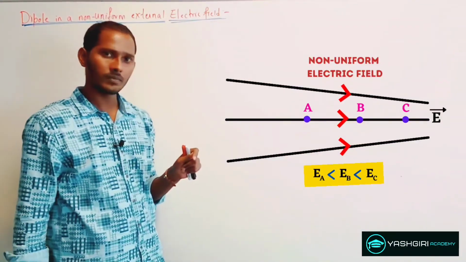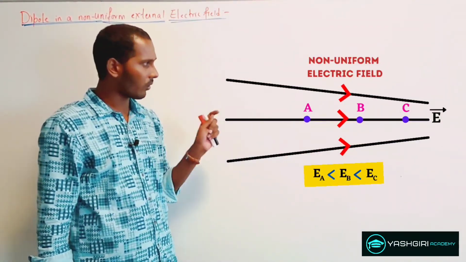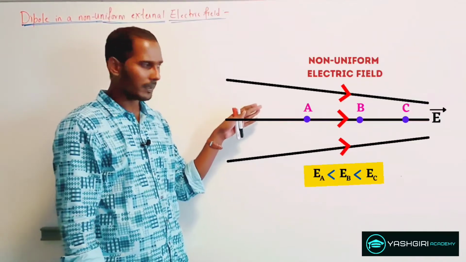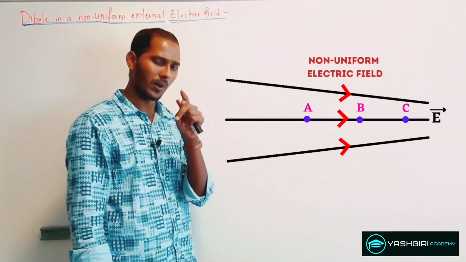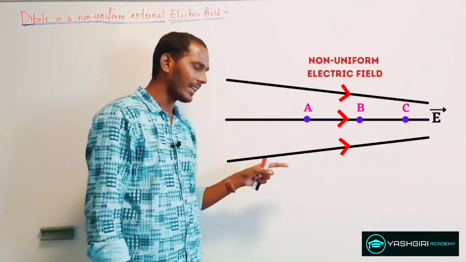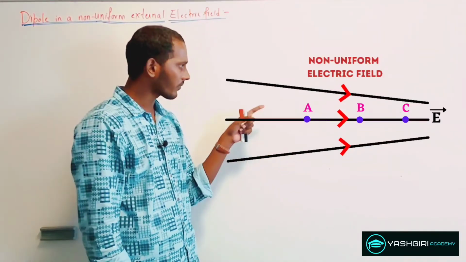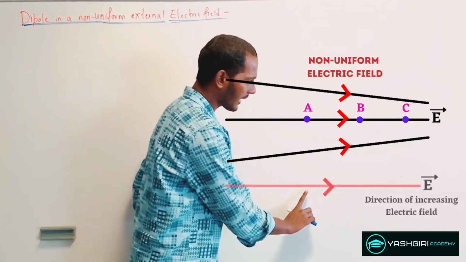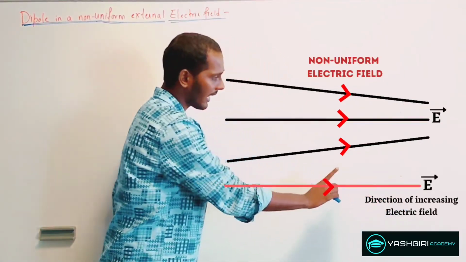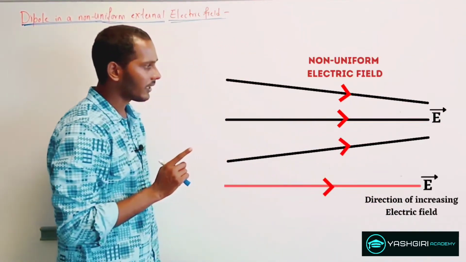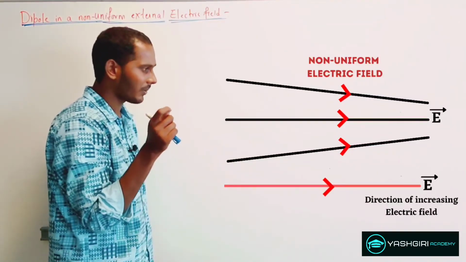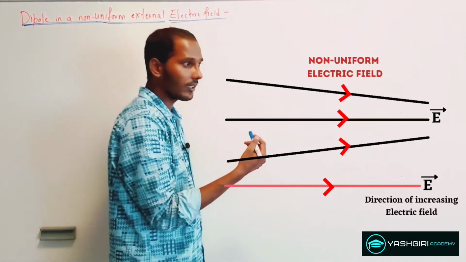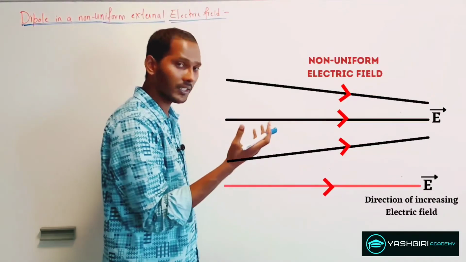So here, if you see, the strength of the electric field is increasing towards the right. Not to make things more complicated, I'll replace these electric field lines with one single electric field line. I just draw an equivalent field line, which is a straight line like this, and the arrow shows the direction of the electric field. I just put a statement saying that the strength of the electric field is increasing towards the right.